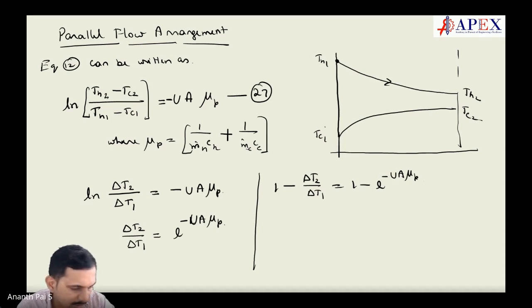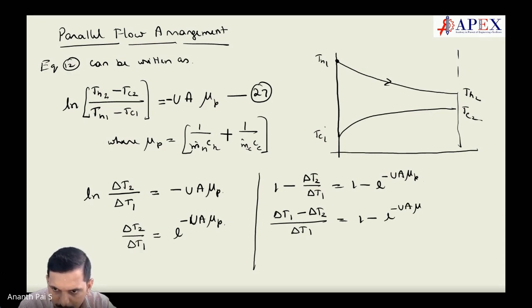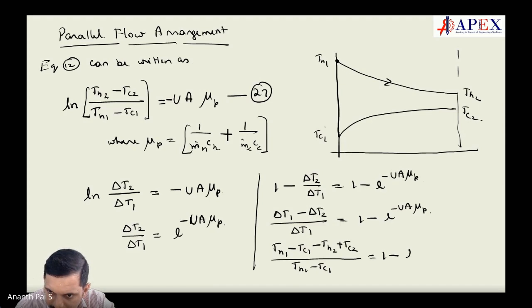Now further going, I can write it as delta T1 minus delta T2 divided by delta T1 is equal to 1 minus e power minus UA into mu P. Or I can write this further as Th1 minus Tc1 minus Th2 plus Tc2 divided by Th1 minus Tc1 is equal to 1 minus e power minus UA mu P. Fine. Write this as equation number 28.